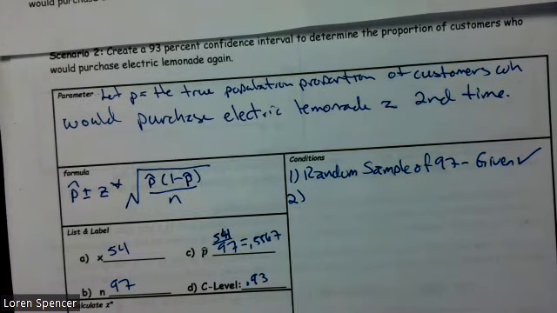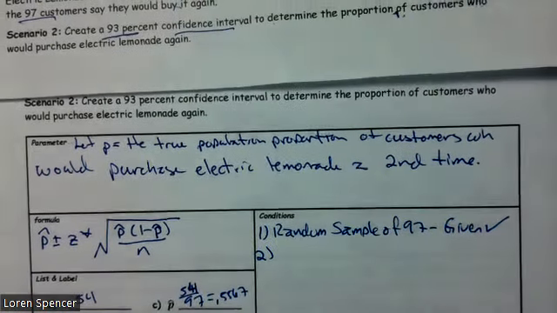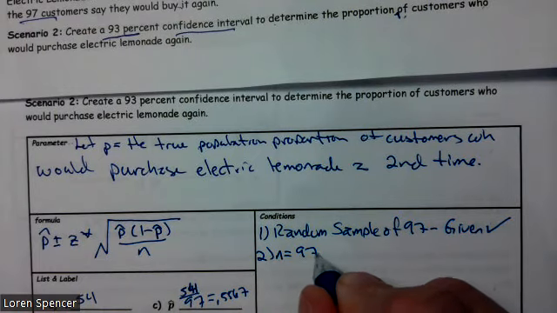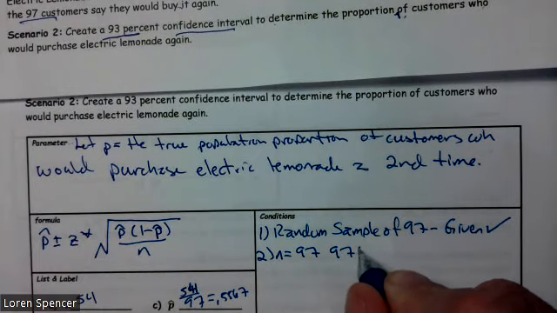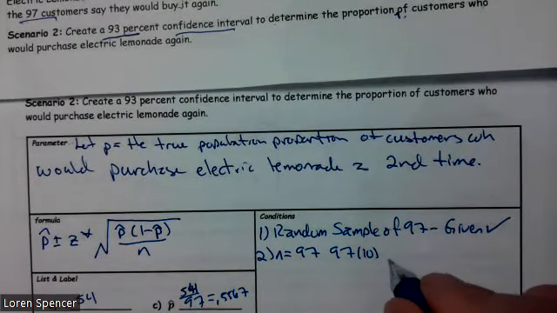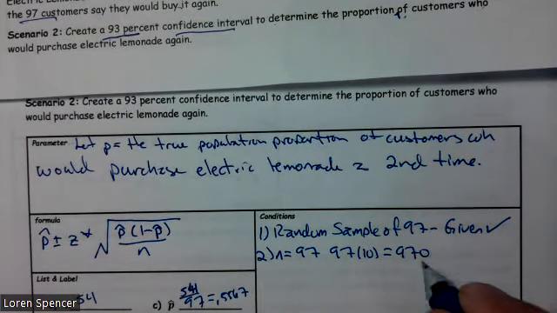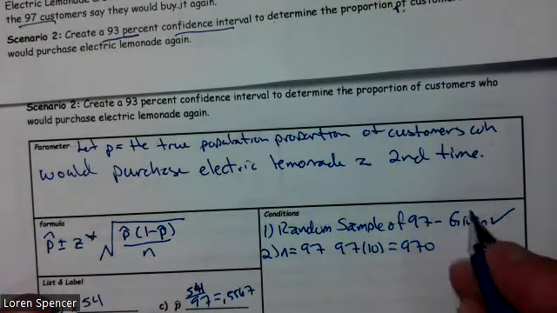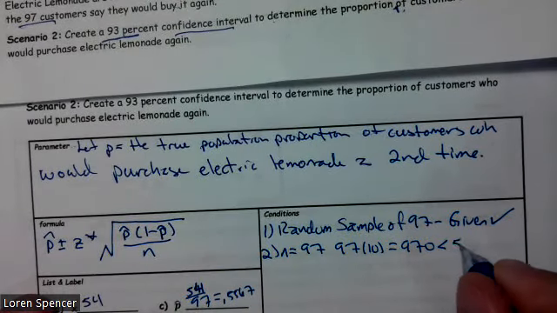The next thing, we need to know if that's less than 10% of the population. So n equals 97. We'll multiply it by 10, and that's 970. And our population was 50,000, so that's less than 50,000. So we're good there.